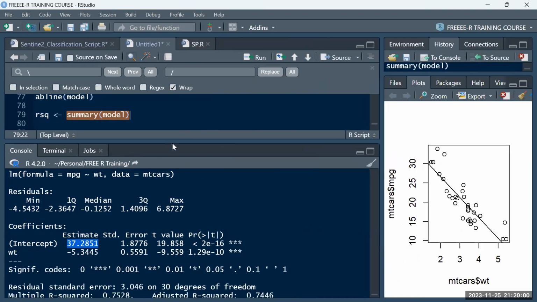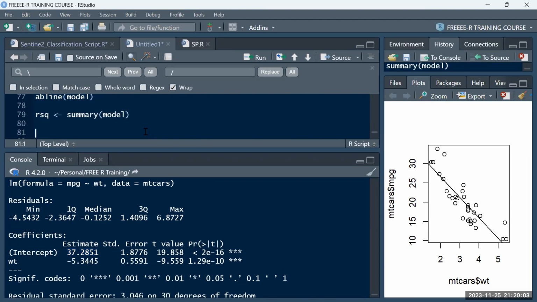So the equation would look like this: for a normal linear regression equation, MPG equals the intercept. Remember, fundamentally it is Y equals C plus MX, where C is the intercept and M is the slope.